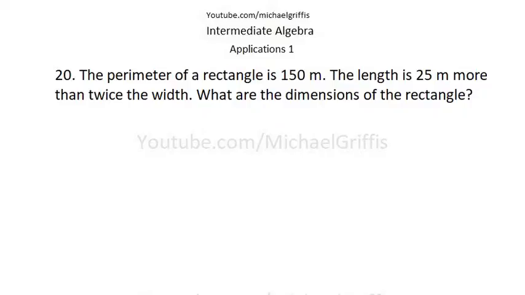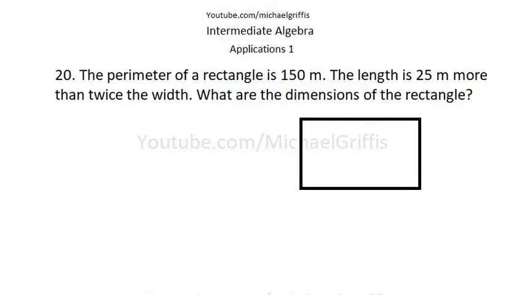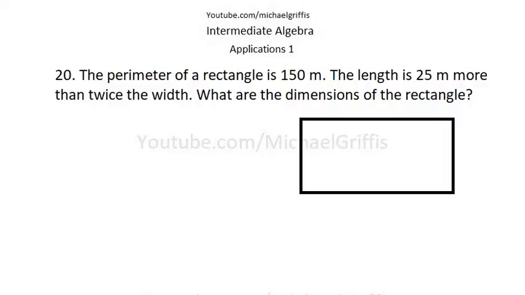So what I'm going to do here is go ahead and draw a rectangle that's probably not going to be to scale. The length is 25 meters more than twice the width.